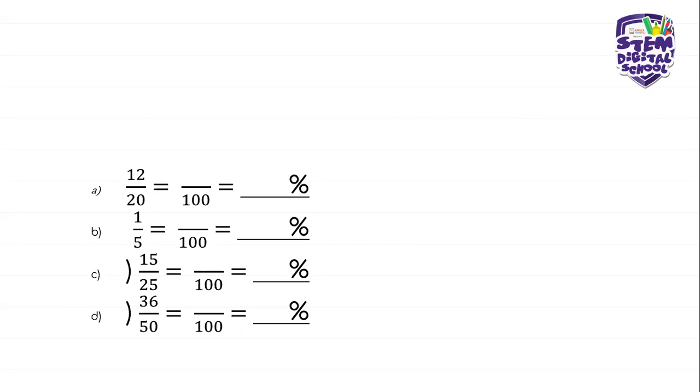Remember, the denominator plays a role, in a sense that once you convert the denominator, then it will be easier now. You convert also the numerator. So the numerator that you get out of 100, that is your percentage.